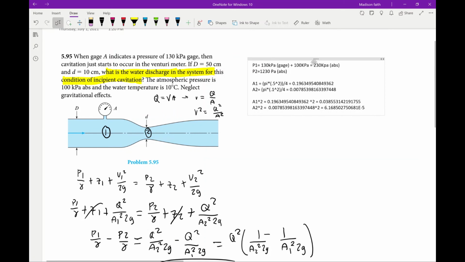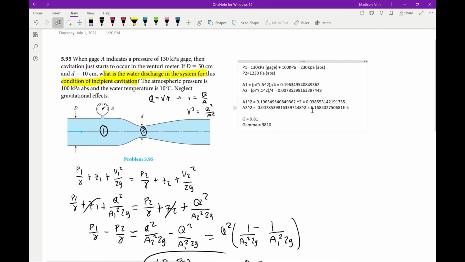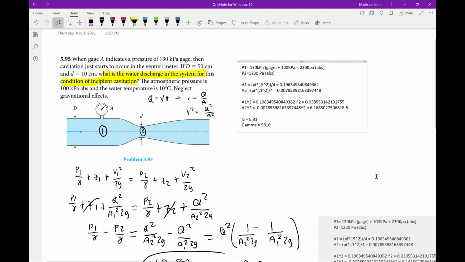Okay. So we also need G and gamma. And G is acceleration due to gravity, so that's 9.81. And gamma is the specific weight. So I'm going to write gamma actually. That equals 9,810 for a temperature of 10 degrees Celsius. So now we have all that we need to solve this problem. Let me move this down.